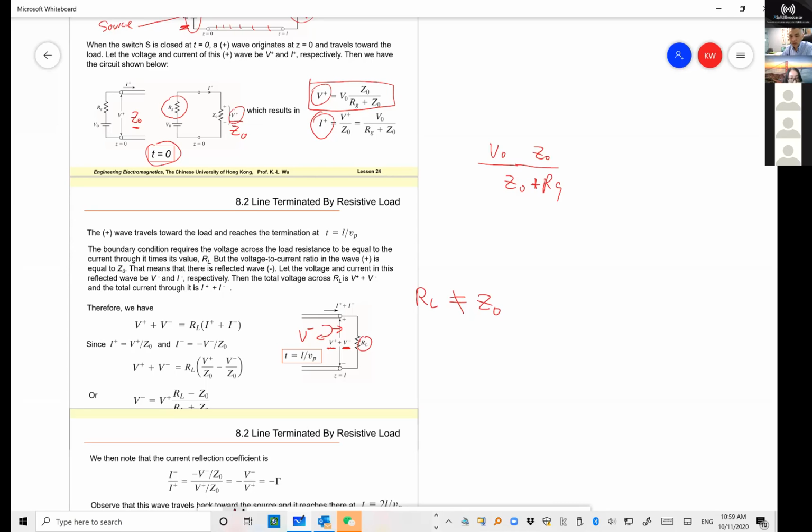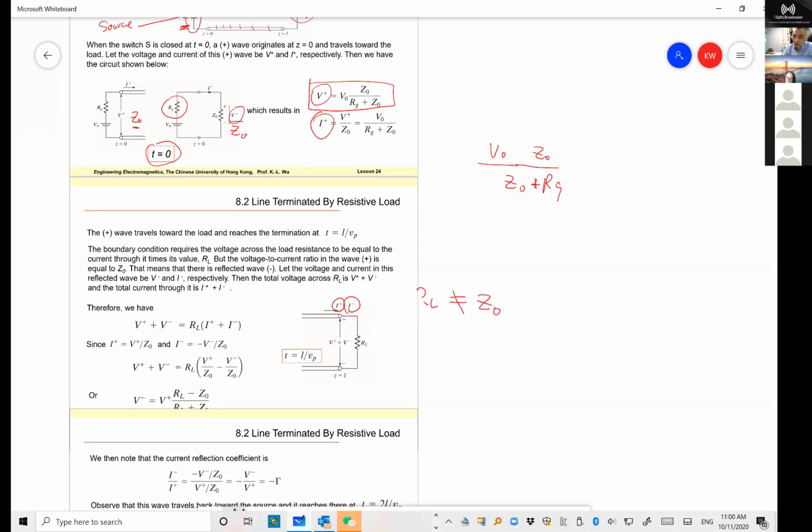The same as the current: we have the current toward the positive z direction and the current reflected toward the source.